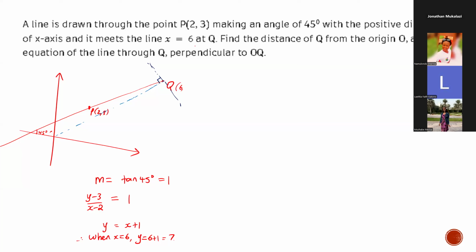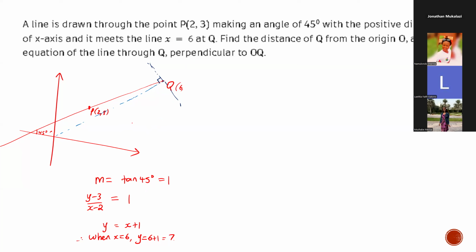Yeah, so when they say it meets the line x is equal to 6, you might want to draw another line and say, oh, let me solve this equation simultaneously. Well, the line x is equal to 6 is just a straight vertical line along which x is 6 throughout. So the point Q is simply when x is 6 along the line y is equal to x plus 1.